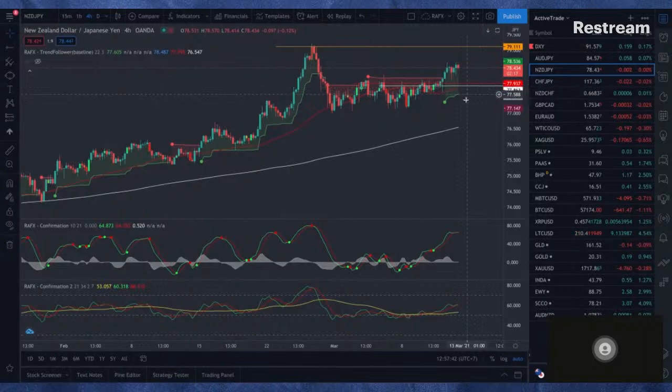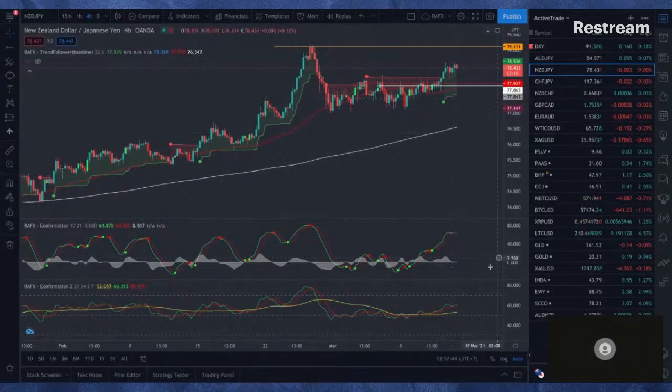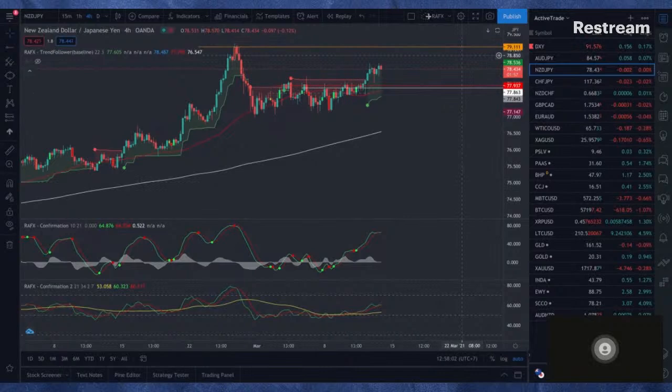The buy stop is still good, and for confirmation, we're still looking oversold in the confirmation. But in contrast to that, our confirmation 2 is still in the buy zone. So unless these signals deteriorate, that's the time that we need to exit.